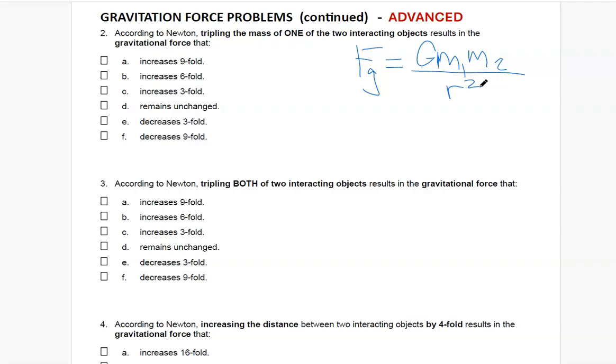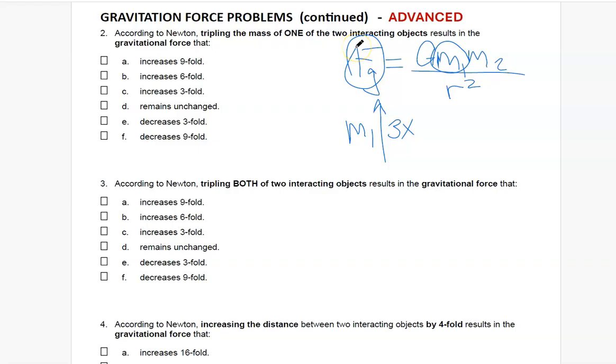All right, question number 2 says, according to Newton, tripling the mass of one of the interacting objects. So let's say mass 1 was increased by 3-fold. Results in a gravitational force that will, well, if we increase this number 3 times, our final number is going to be 3 times bigger.